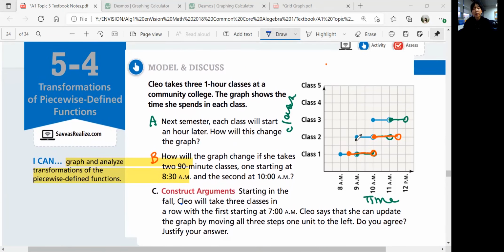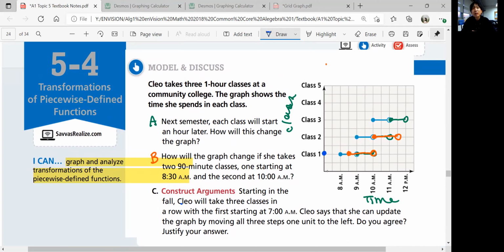Do you agree? She'll take 3 classes in a row, with the first starting at 7 a.m., right? 3 classes in a row.